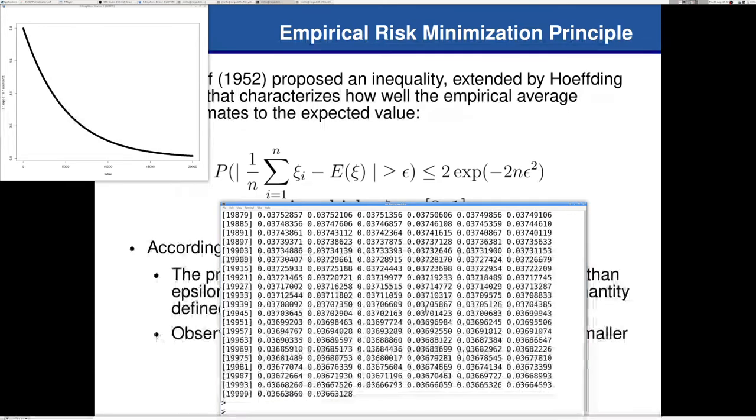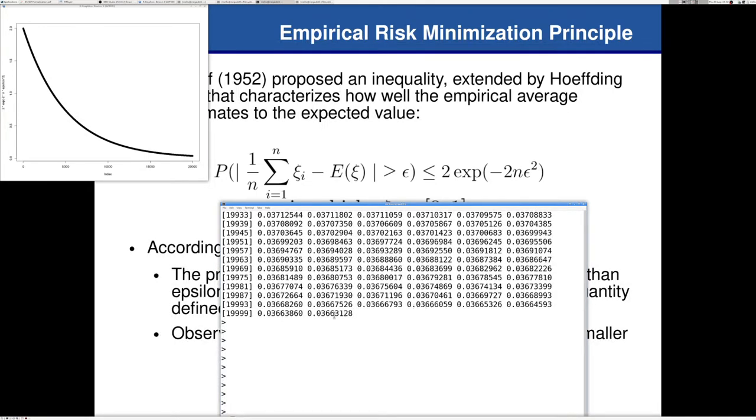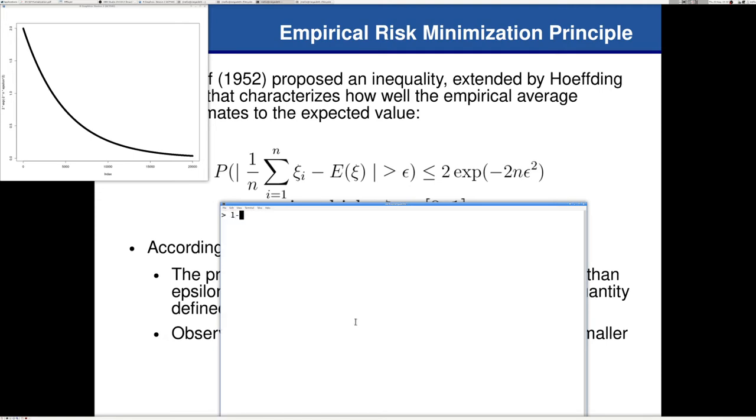Let's see over here. It's 0.03. That basically means that in 96.33% of the scenarios, my estimation is going to be as close as possible, epsilon, to my expected risk. And this epsilon in my case is 0.01.